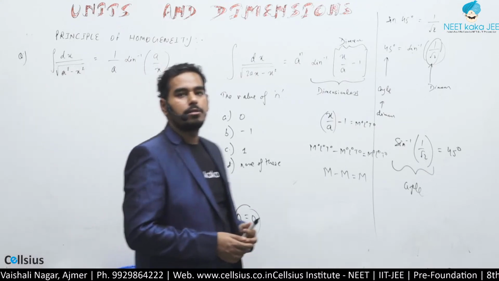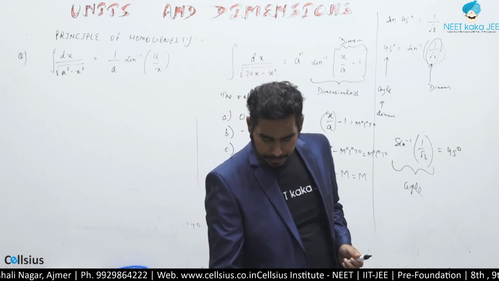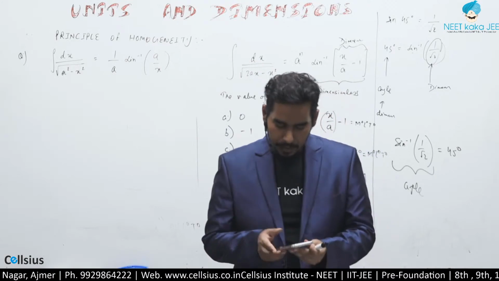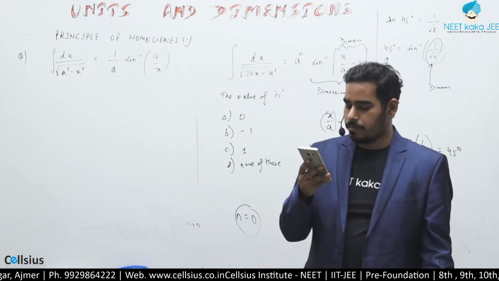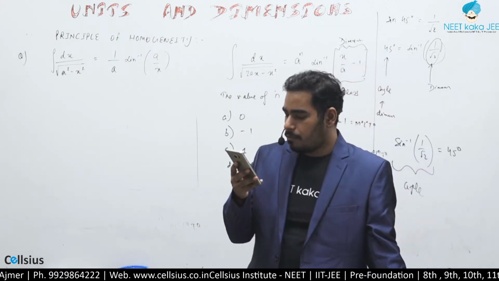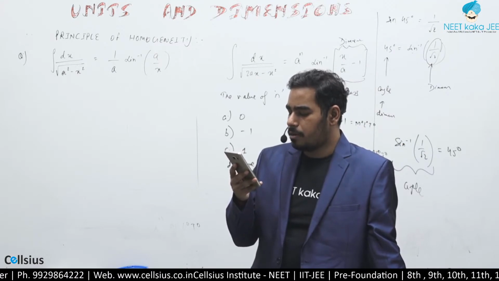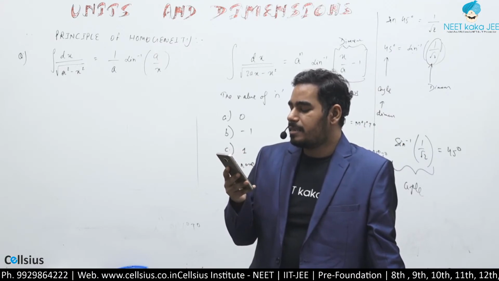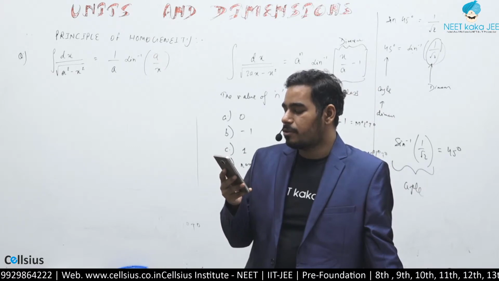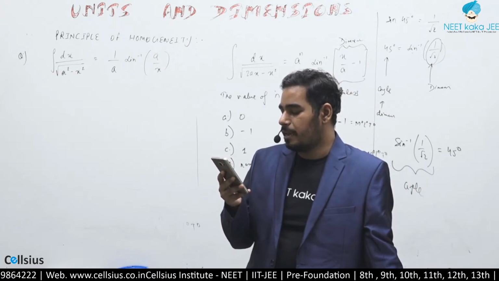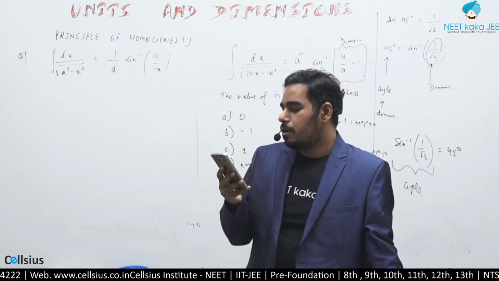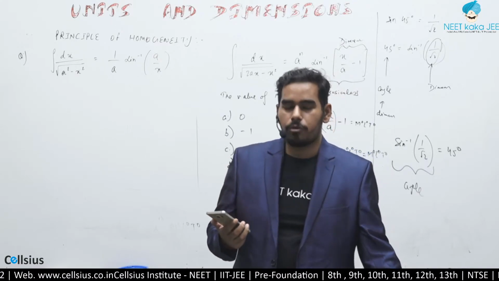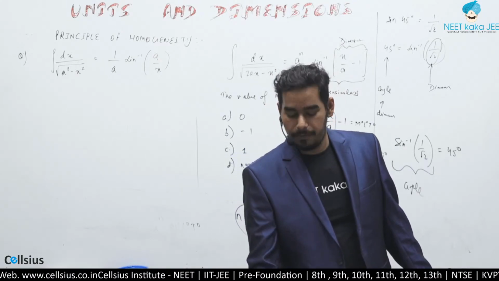Okay, now Dipesh Kumar has commented something. Sir, please pick my doubt also. Please, sir, what is the dimension of Boltzmann constant? See, the dimension of Boltzmann constant was not required in this particular numerical, and I am not going to tell you directly the dimension of Boltzmann constant, because it will be better if you derive it.